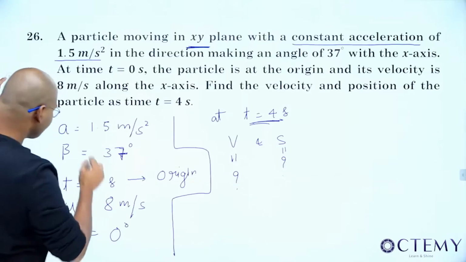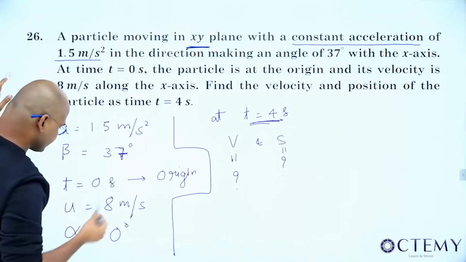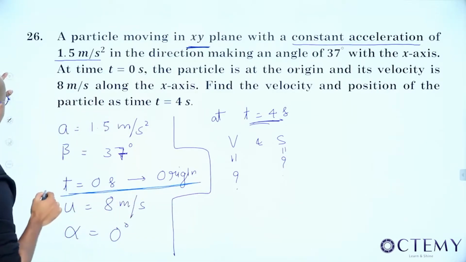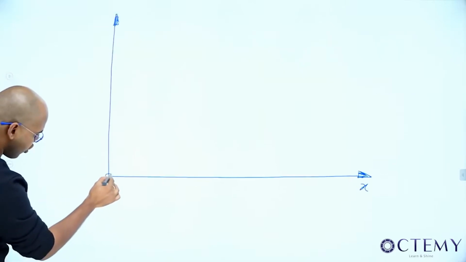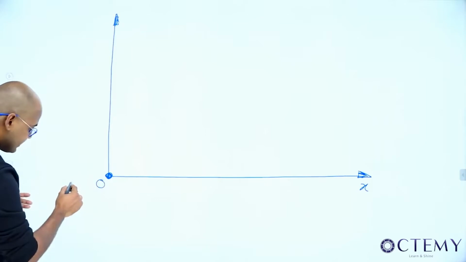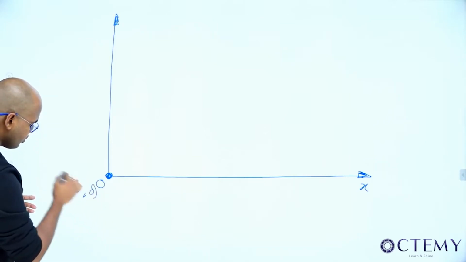First, let us start with displacement. What did he tell for the displacement? Initially it is at the origin. So that means initially the point is at origin. The object is here. So what are the coordinates of this? 0, 0.